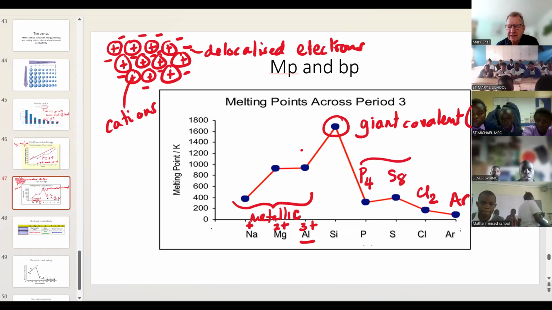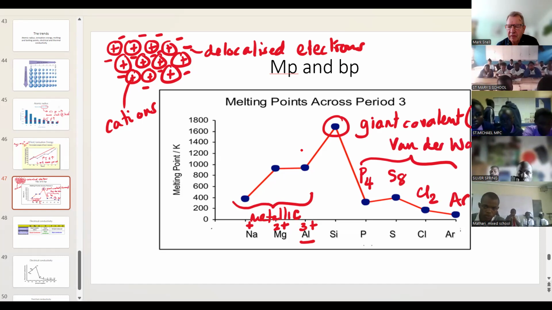All of these have van der Waals forces. And van der Waals forces are proportional to the number of electrons, which is a little bit like size per molecule.